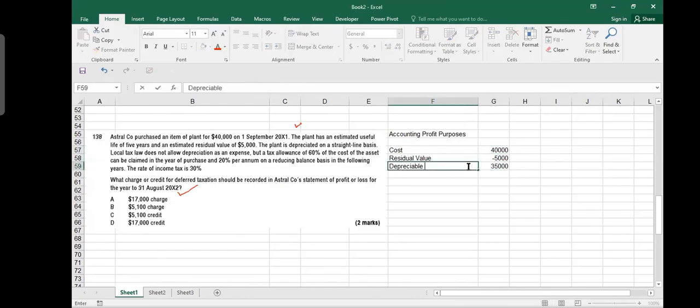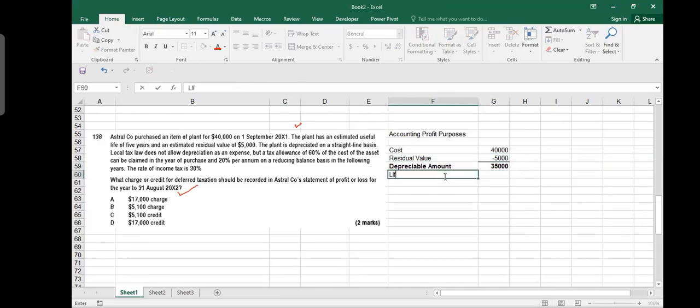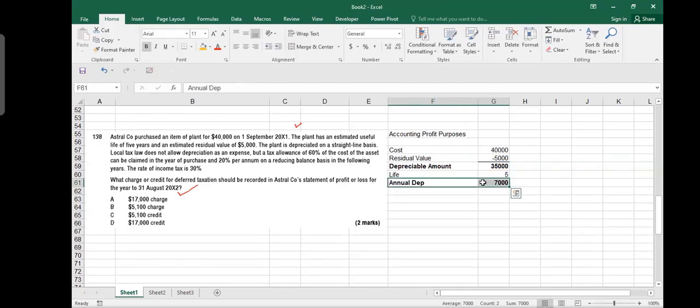In accounting you call it the depreciable amount, which means the total amount which can be charged as depreciation. But the life is 5 years. The plant life is given in this question, it is 5 years. So it means that your annual depreciation charge in your accounting profit, in your IFRS books, should be $7,000. So you are charging 7,000 depreciation in your accounting books, 7,000, 7,000, 7,000 straight for the next 5 years.